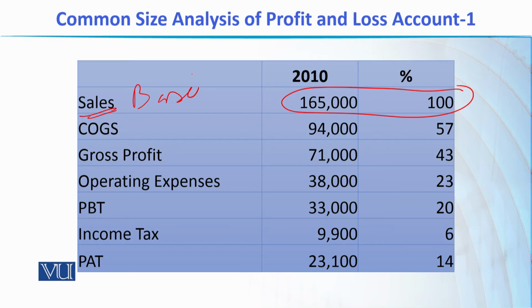So this base value is taken as 100%, and now every item will be divided by the base value and multiplied by 100 in order to get its percentage value, which means 94 will be divided by 165 multiplied by 100 in order to get this 57% value of cost of goods sold. So cost of goods sold is 57% and gross profit is 43% of sales.